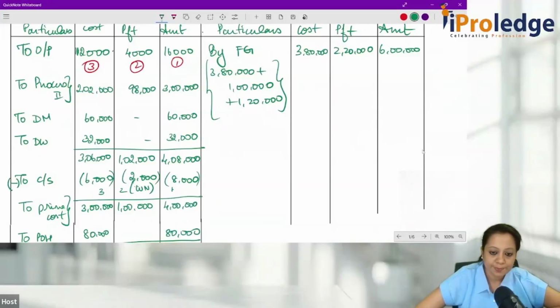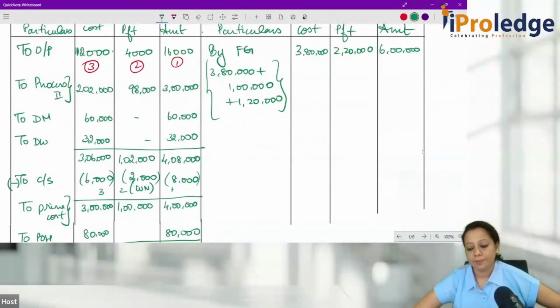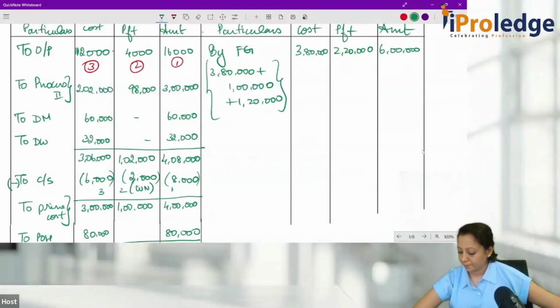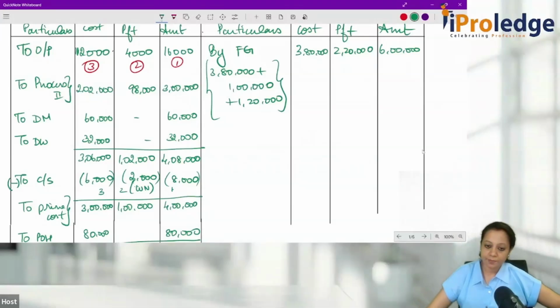So we have done this as well. Now last we will prepare FG account and we will be done.